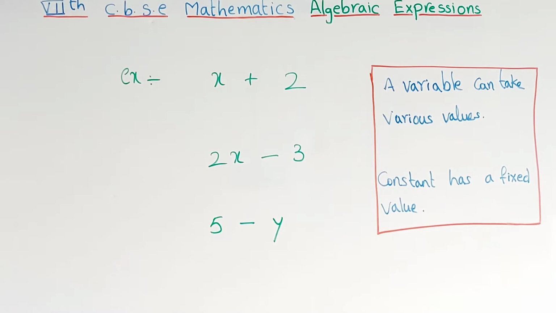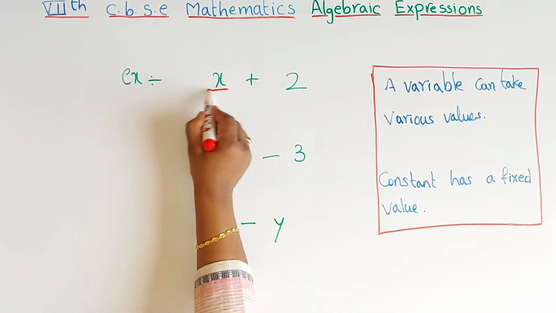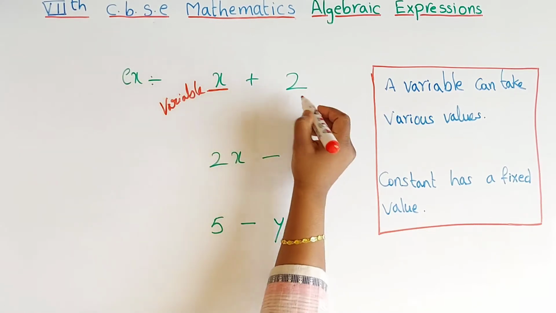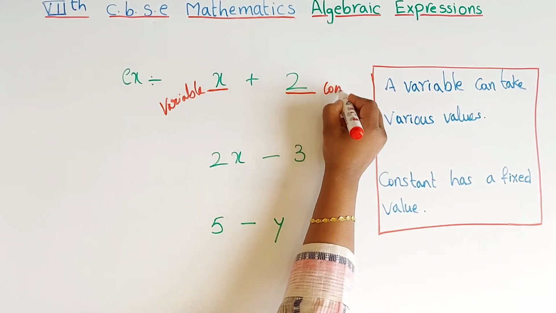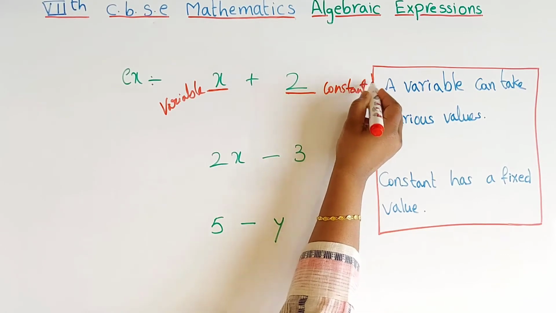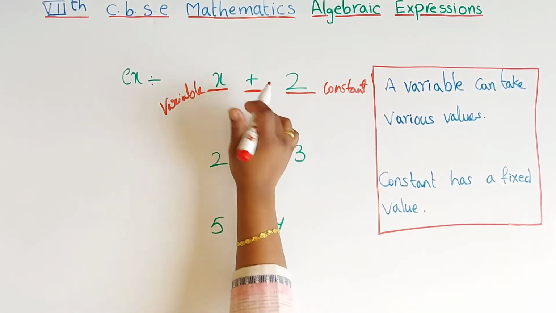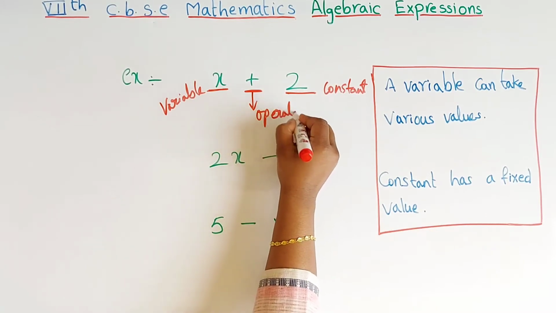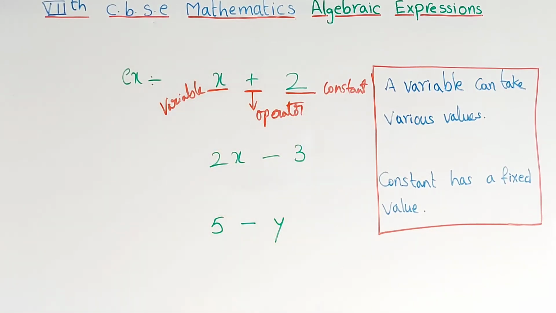Let us see some examples, children. See, x plus 2. Here x is a variable and 2 is a constant. And here we are using the operation plus. So this is an operator. Right? X is a variable and 2 is a constant.